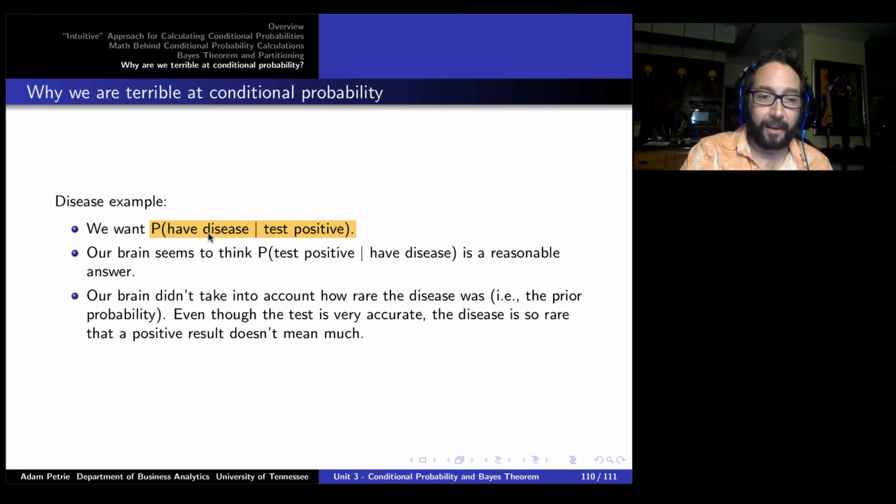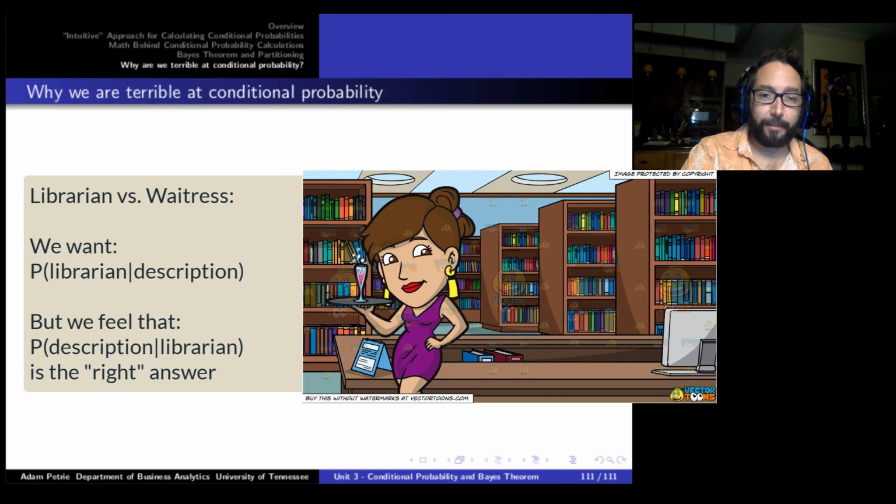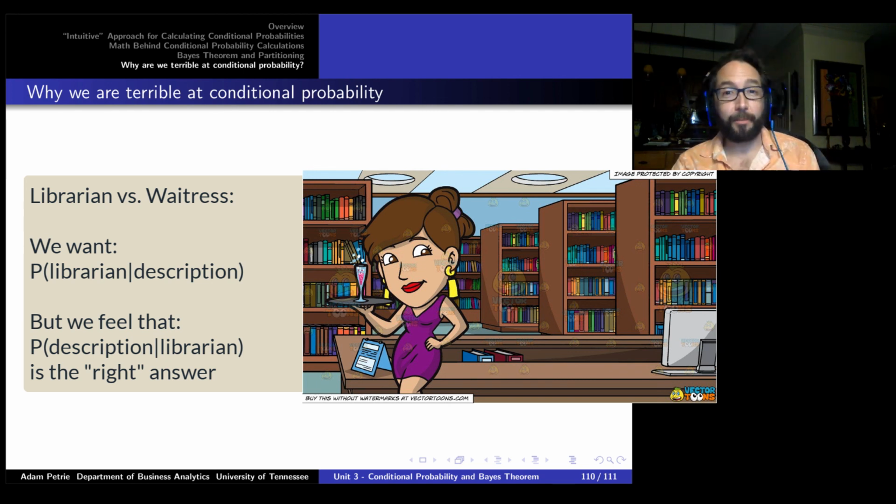Likewise, same thing for the librarian example. We were being asked, all right, well, what's the probability that she is a librarian given that she met the stereotype? And what our brain kind of instinctually did is it said, well, let's think about the probability that she would meet the stereotype given the librarian, that 70%, whatever number we had. And we just kind of felt like that was the answer.